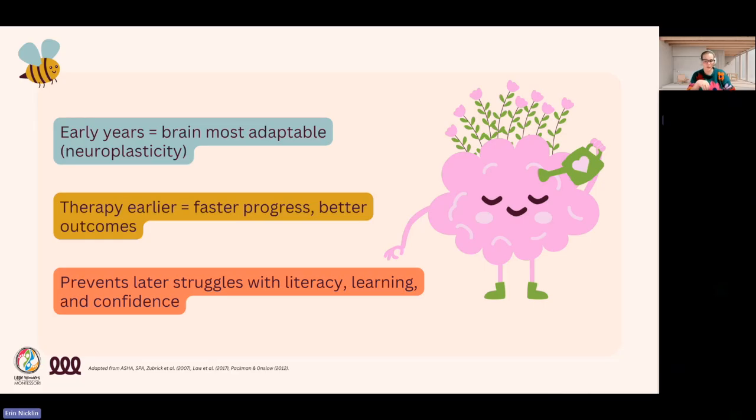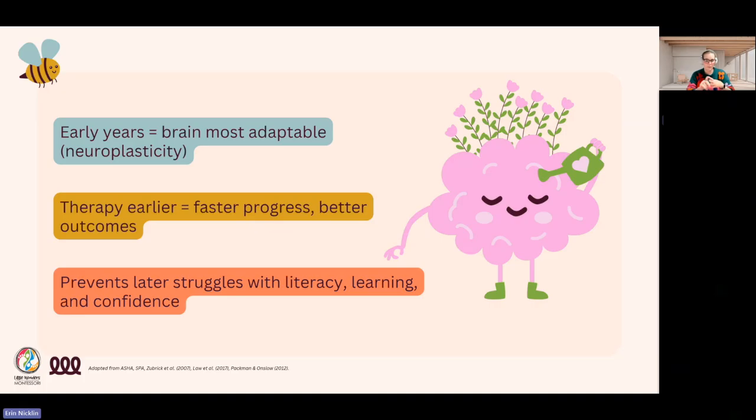So when we support children early, the brain builds new connections more easily, and therapy is often shorter and more effective. For example, large studies show that parent-implemented interventions improve children's expressive and receptive language, so the way they say things and their understanding, when started between 18 months and 5 years.